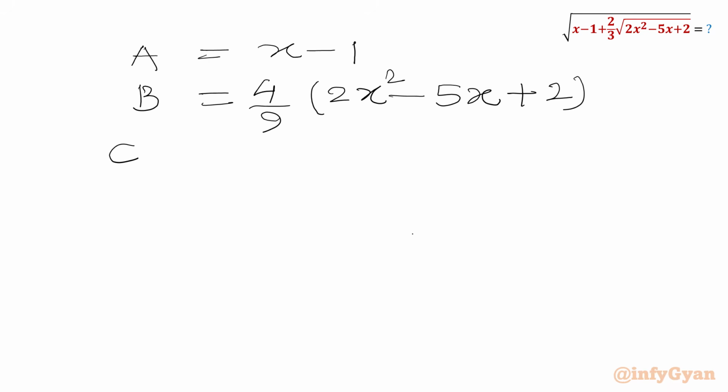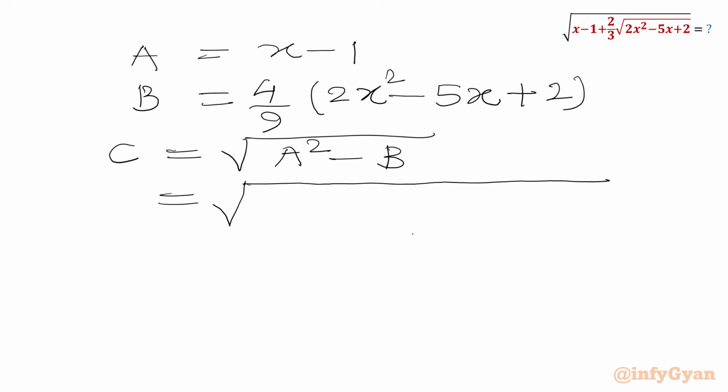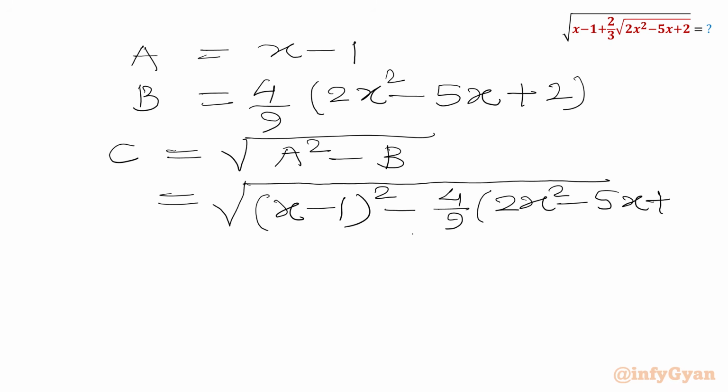Now we are going to calculate C first, which is square root of A square minus B. Let's figure out the value of C. A is x minus 1, so we'll write x minus 1 whole square here, minus B, which is 4 over 9 times 2x square minus 5x plus 2.